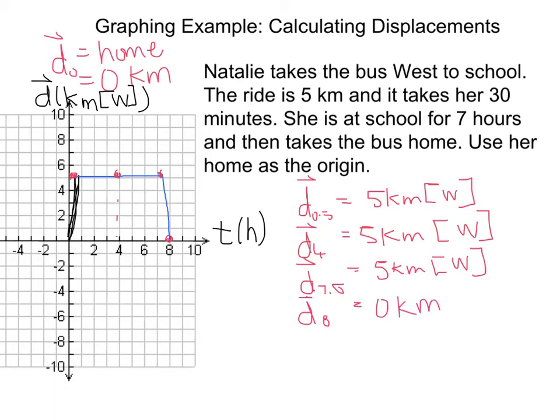We can use these to find displacements, just like you did algebraically. So if we wanted to know the displacement from 0.5 to, let's say, 7.5, we'd end up with 5 kilometers minus 5 kilometers, and they're both west.